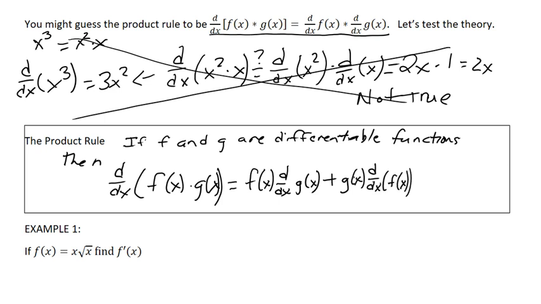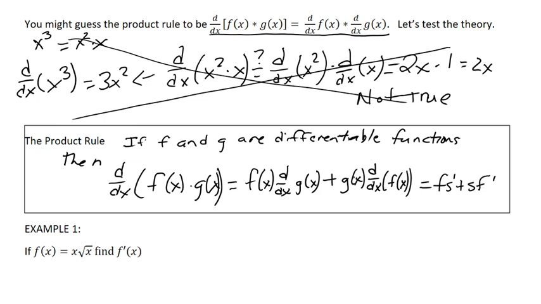Or we could write it as f times s prime, where f stands for first and s stands for second, plus the second times the derivative of the first. That's what the product rule actually turns out to be.